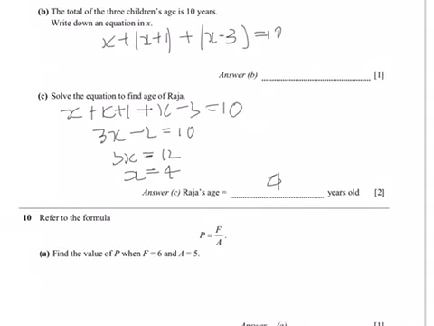Okay, just a word of caution. If you see an equation with x minus 1 minus 4, you do not simplify it as x minus 3, because you're thinking 1 minus 4, that's negative 3. But take note, this is negative 1 and negative 4, they are together.